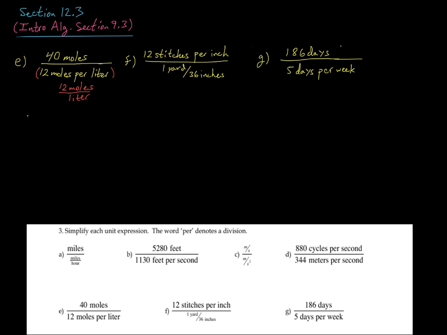So now we're looking to do 40 moles divided by 1 times the reciprocal of this, which would be liter per, so divided by 12 moles. And now the units of moles will divide out. 40 divided by 12 is 3 and 1/3, so about 3.333, and the leftover units there would be liters.